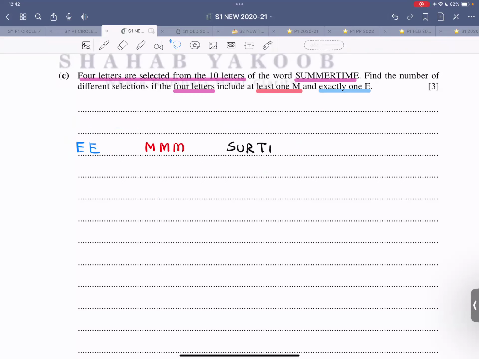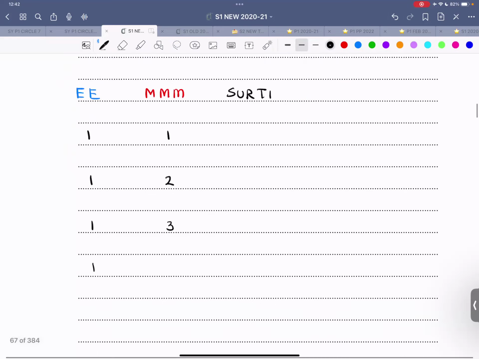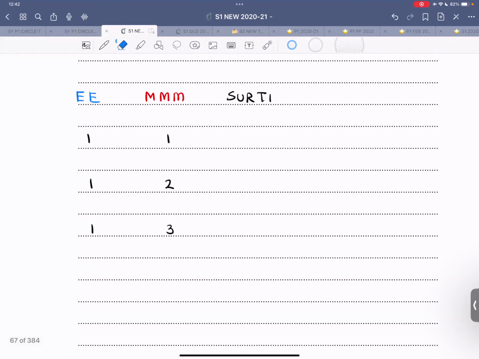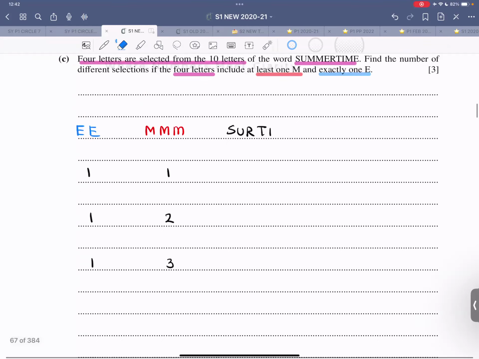Okay. It says exactly 1 E. Whatever the number of options are, and at least 1 M. So I can have 1 M, I can have 2 M, I can have 3 M. Can I have 4 M? No, first of all, there are no 4 M's, and at the same time, we need a total of 4. So these are the different options that we have.